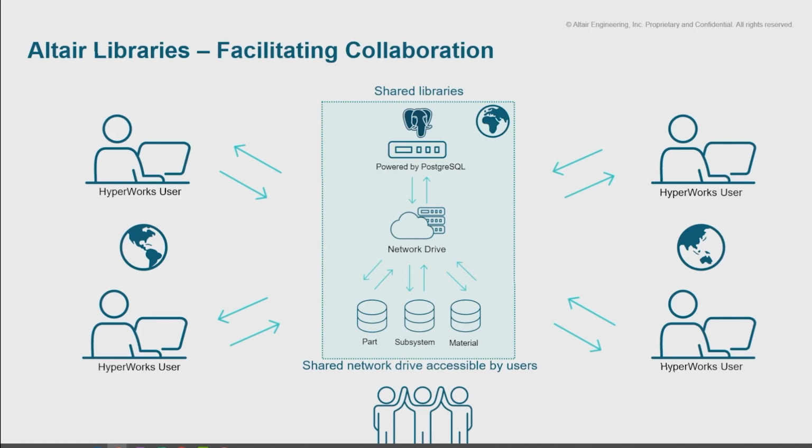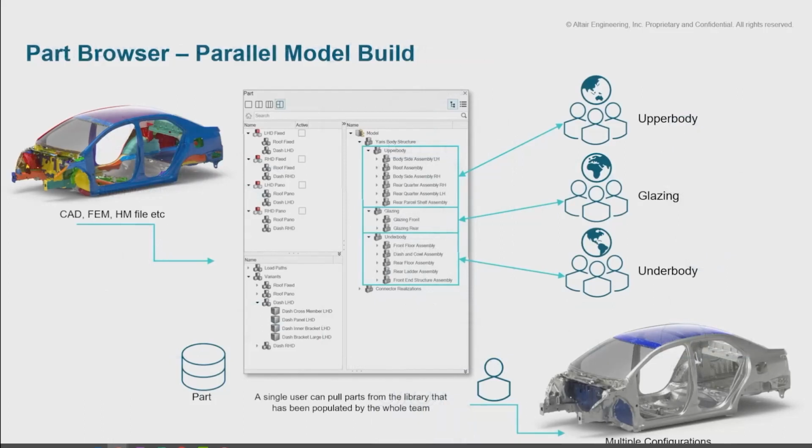It also, as I've alluded to, facilitates collaboration because we can divide a single model up between our team. I pass off to one team the upper body, another team the glazing, and another team the underbody. They mesh their parts and save them into the library.